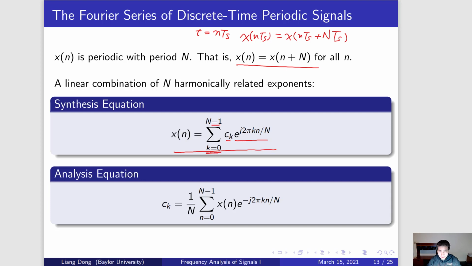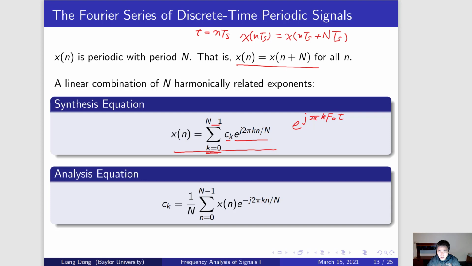Now, if we compare this with the synthesis equation of a continuous time periodic signal, the exponential in that case is represented as e to the power j 2 pi k f0 t.